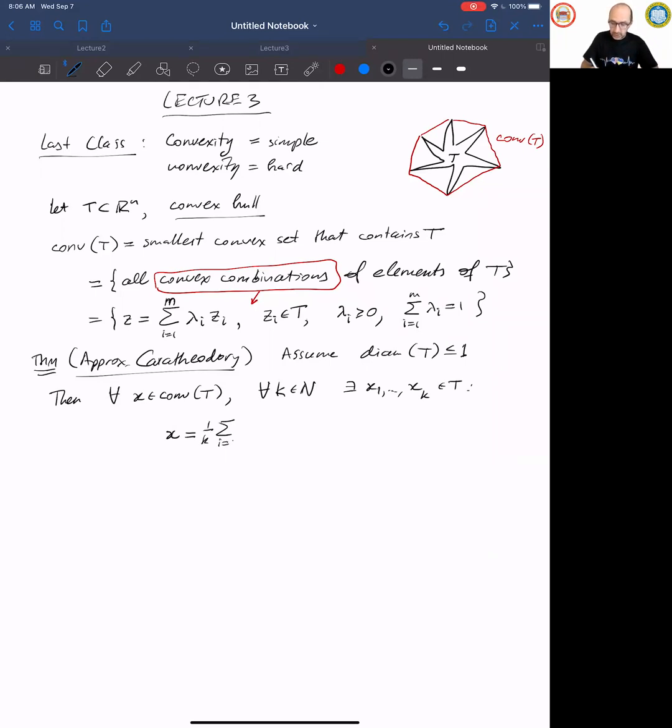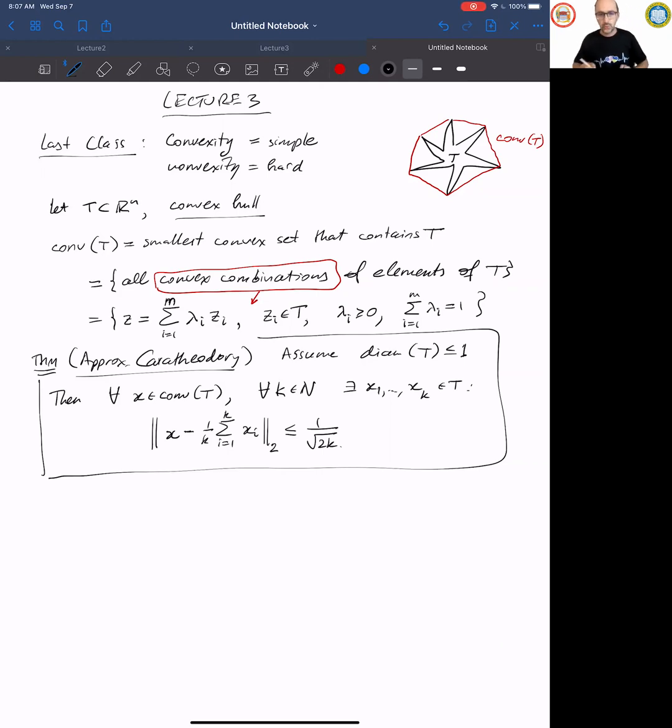That's an extra feature of the approximate Carathéodory theorem. So how approximately? The norm, which is just the usual Euclidean distance in the space, is less than 1 divided by root 2k. The constant 2 is not important. What is important is that this error goes down pretty fast as k goes to infinity. So if I have more budget, I want to represent it with more terms, then I have a better error.